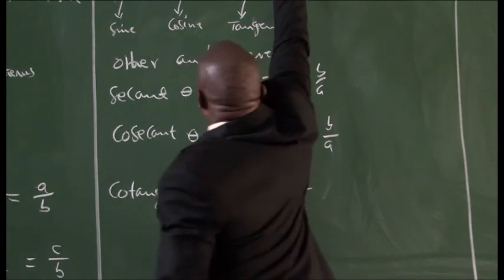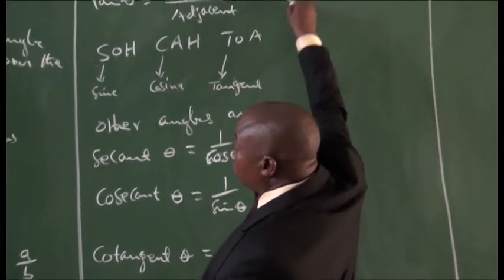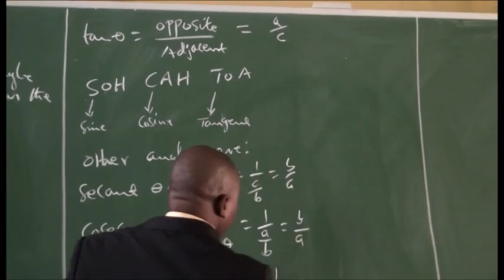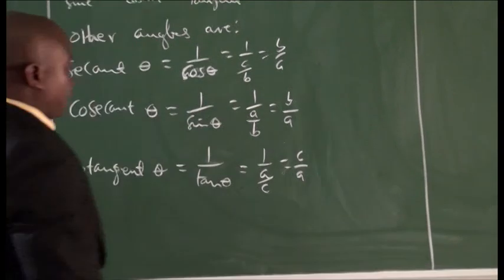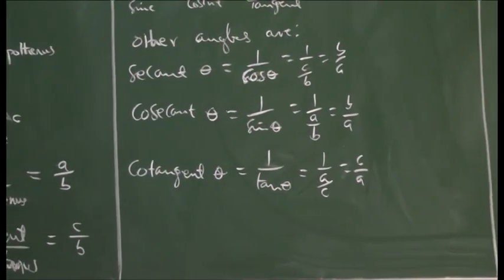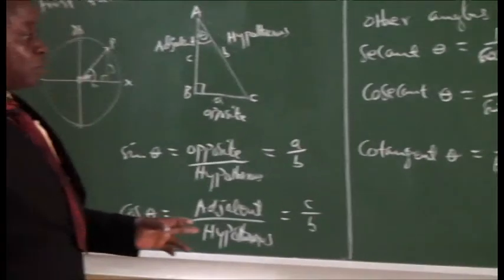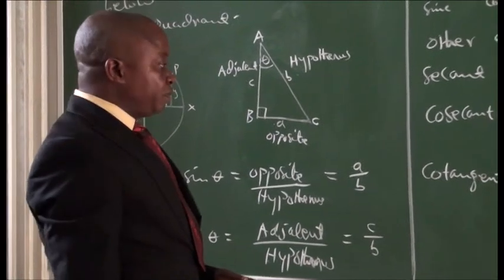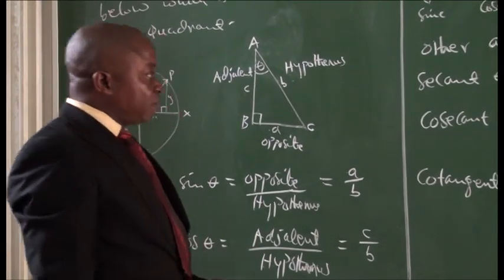Tan theta is opposite, which is A, over adjacent, C. So we'll have 1 over A over C, which is C over A. So these are the basic trigonometry ratios. We are going to use them to work further from now on.